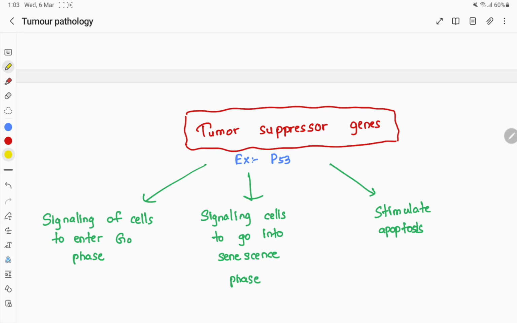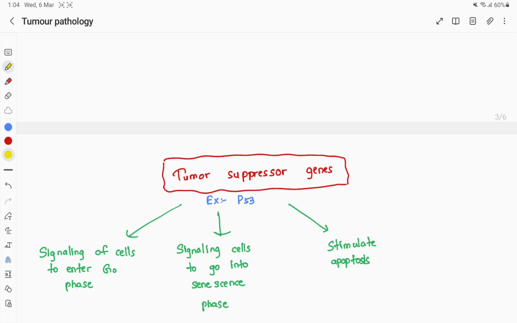So these tumor suppressor genes are very important to prevent uncontrolled growth of cells, or tumorigenesis. Imagine if these tumor suppressor genes are mutated, then there can be uncontrolled growth. We cannot control the growth of those cells.